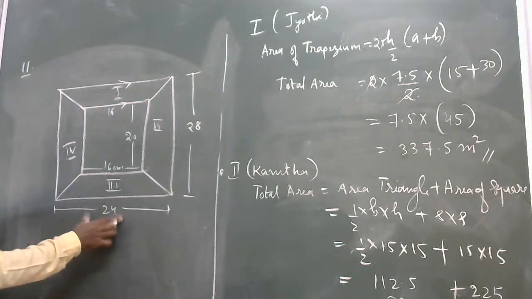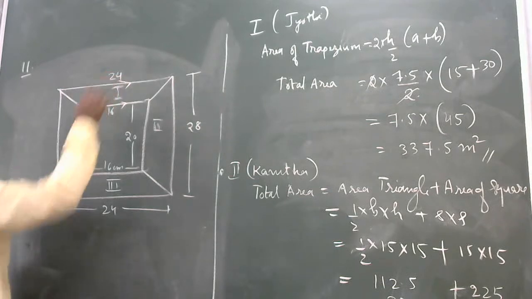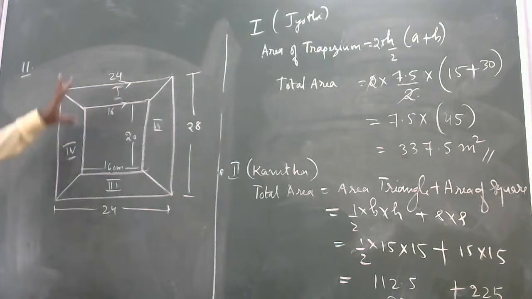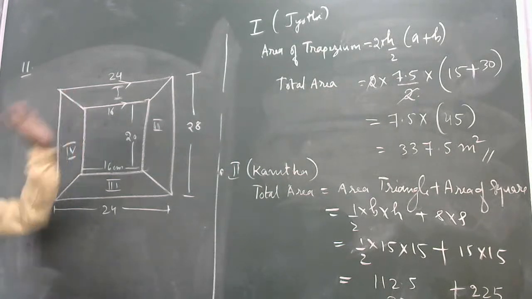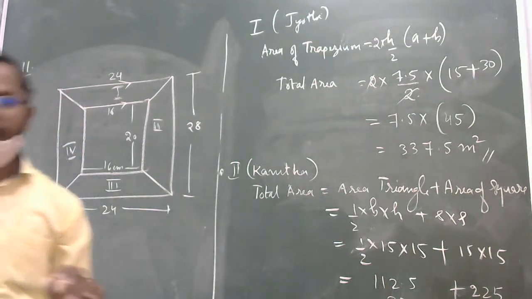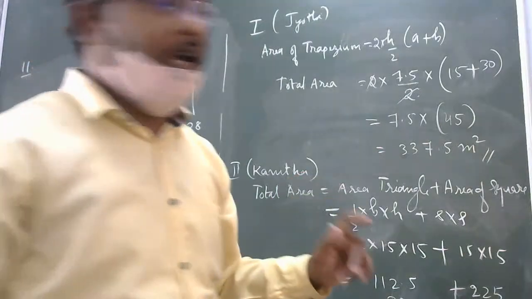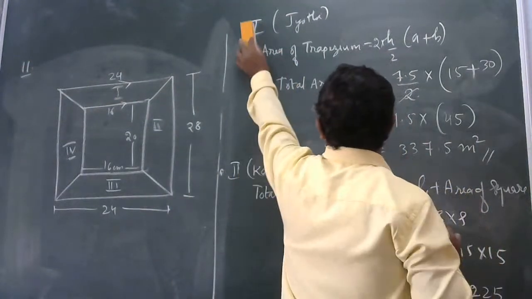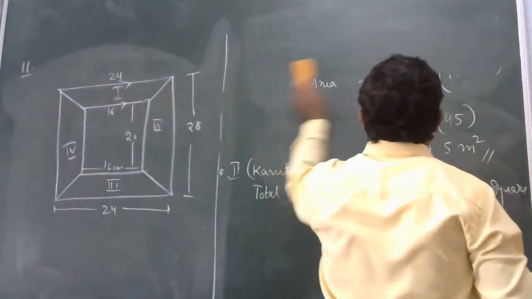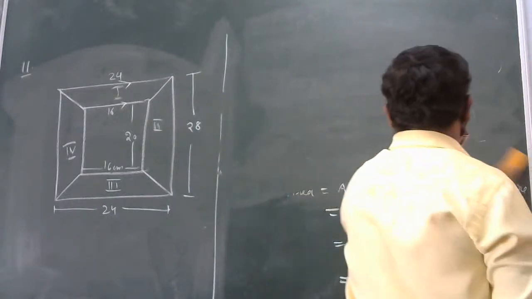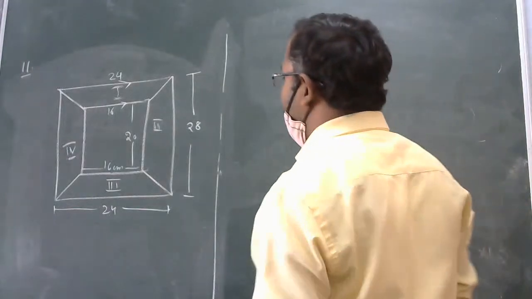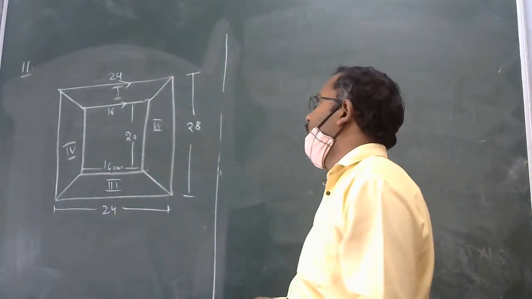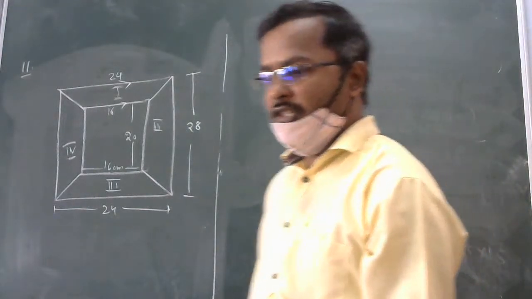This total distance is 24 and here also it will be 24. So we got a and b, the lengths of parallel sides. We want height. So find the height, and after that you can easily find the area of this first part. The height will be 8 centimeters. So 28 minus 20 gives 8 centimeters.